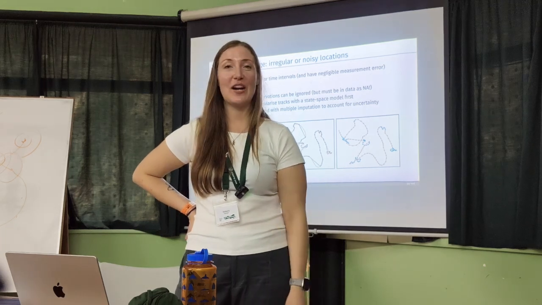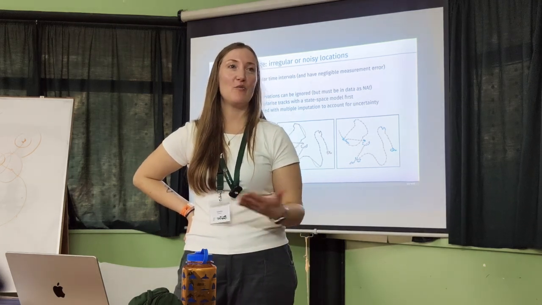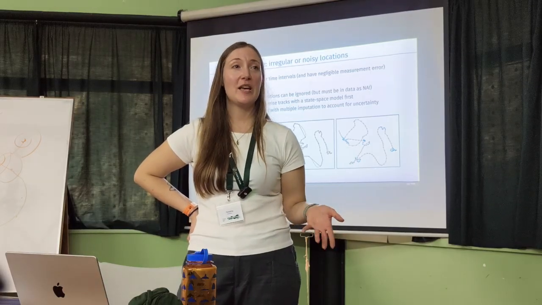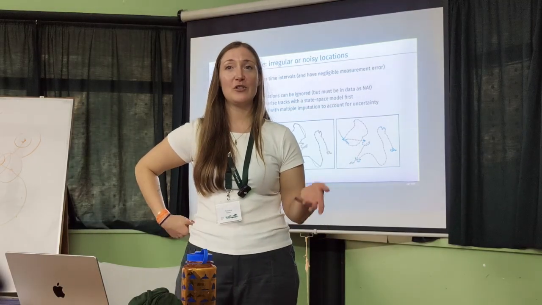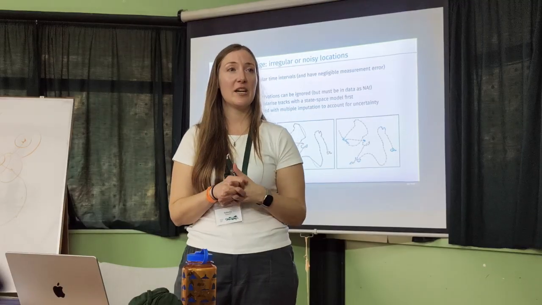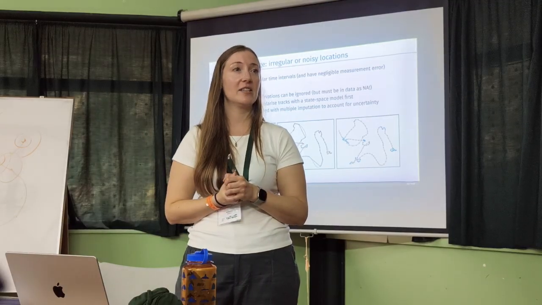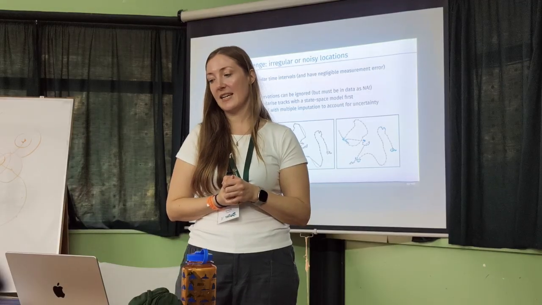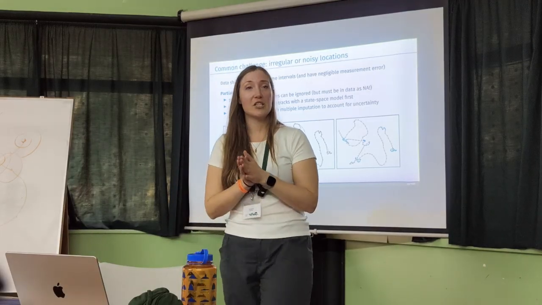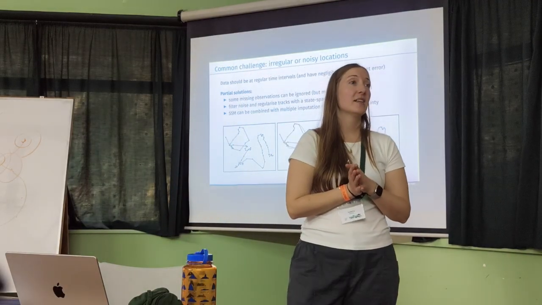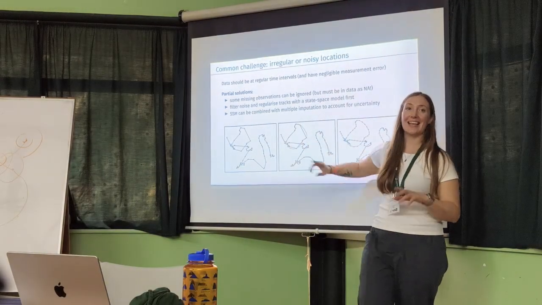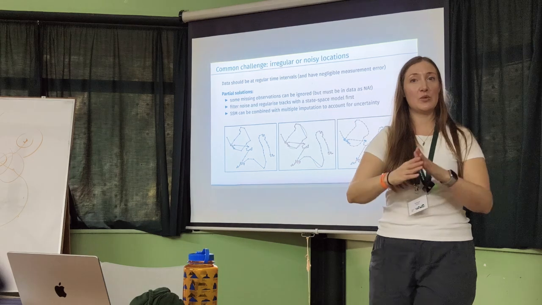I don't have a hard and fast rule of when you should do one or the other. If you have a lot of measurement error, it probably is a good idea to use a state space model to account for that measurement error and to get the more likely locations. For missing data, one thing to mention for imputing locations, so predicting them, is that it does tend to be a bad idea to do it over a long gap.